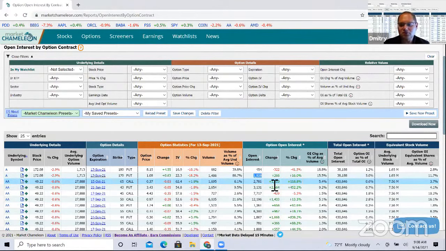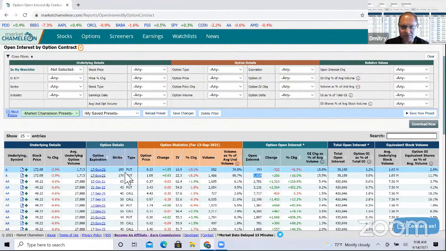So now that we've seen that, here we have the stock symbol. Here's the option contract that we're tracking. This is the price of that option contract, the price change, the implied volatility, the implied volatility change, and the volume. Then we have relative values, because every stock is different. Some stocks trade a lot of options on a given day, other stocks have very little volume.